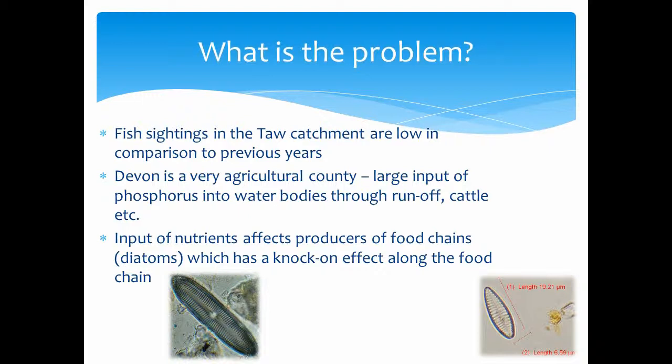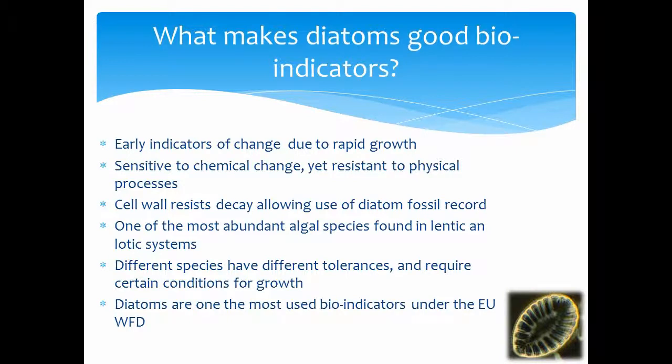So what makes diatoms a good bioindicator? Well, diatoms have a rapid growth stage, which means that they are very good when it comes to change. They're sensitive to chemical change because of the pores within their silicon cell wall, yet because of the silicon cell wall, they're resistant to the physical processes of the river. The cell wall also resists decay, enabling a diatom fossil record.